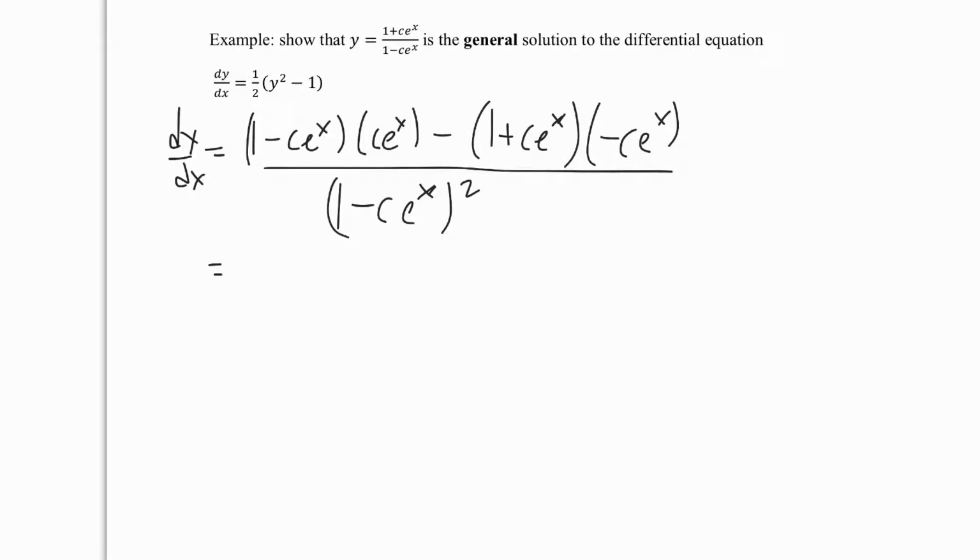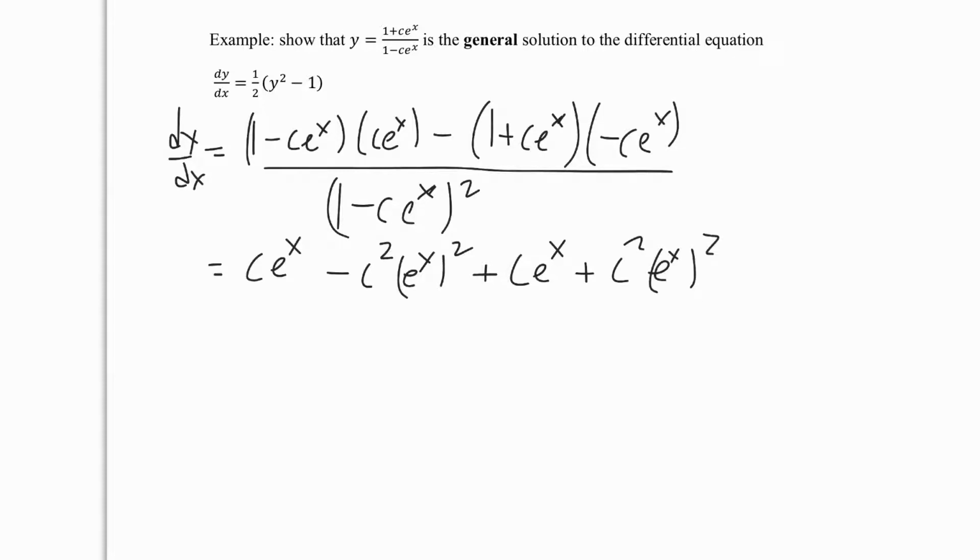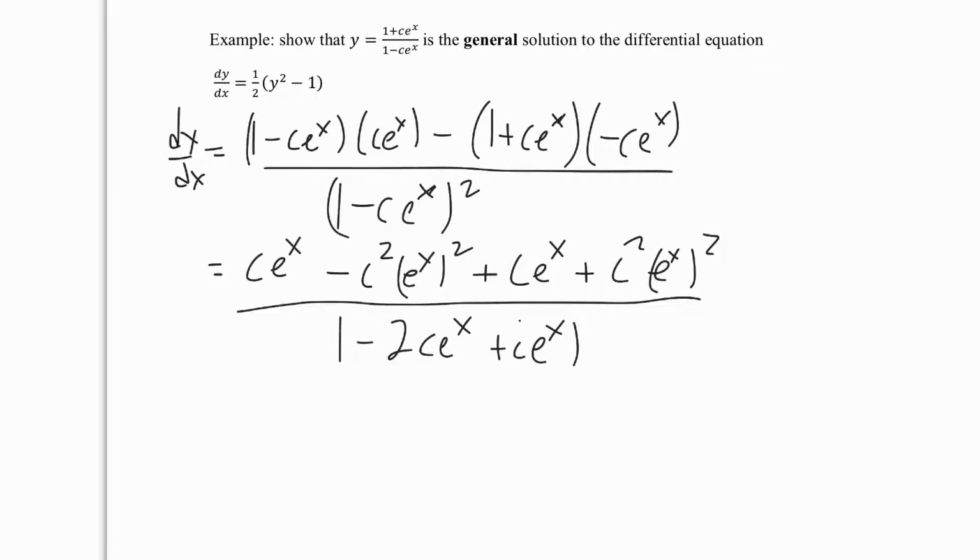So that'll give us c e to the x minus c squared e to the x squared. Then we'll get plus c e to the x, it'll be plus again, c squared e to the x squared, over 1 minus 2c e to the x plus, well, there'll be a c squared there too, c squared e to the x squared.